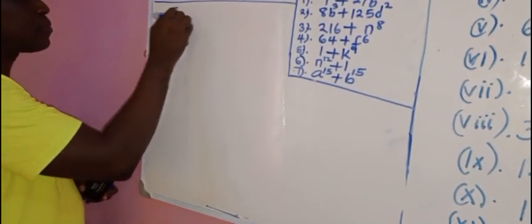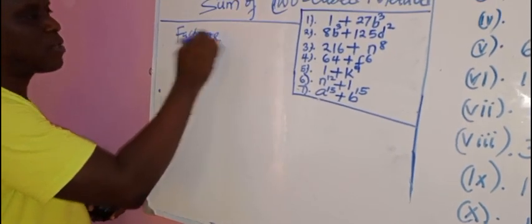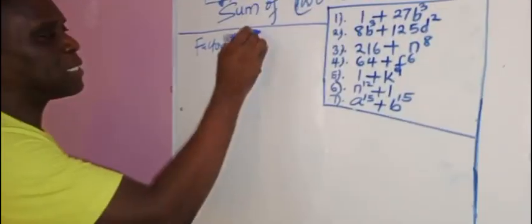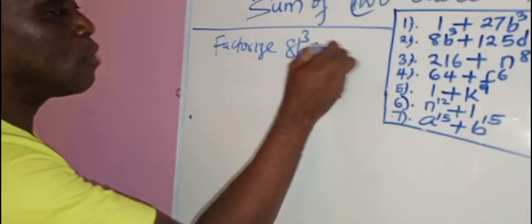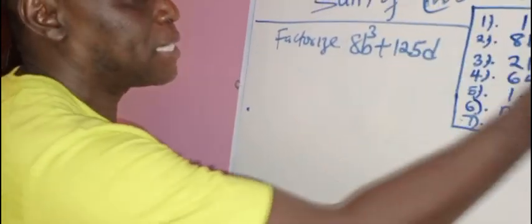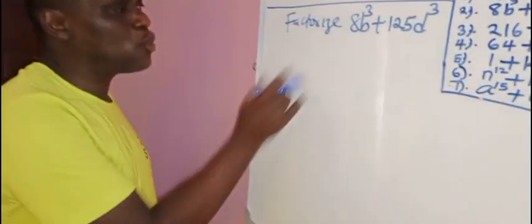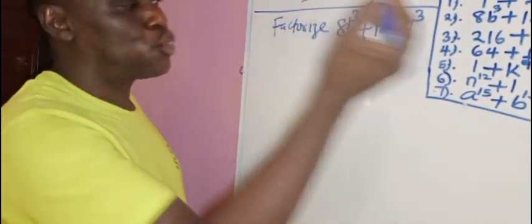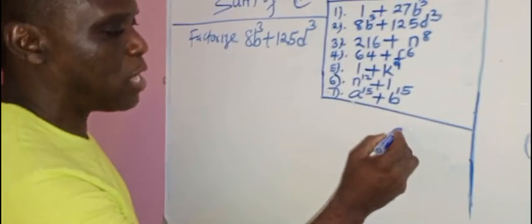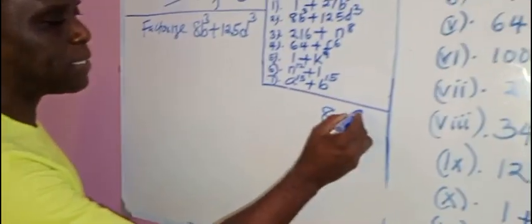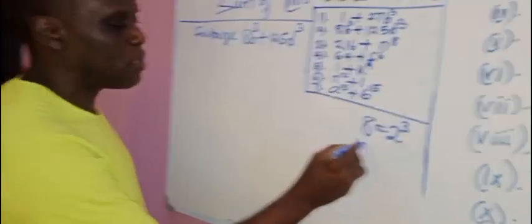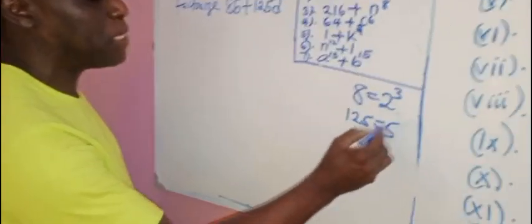Factorize this. Factorize 8b raised to the power 3 plus 125d raised to the power 3. Sorry, let me correct it. Now, if you look at this, once you see 8, you remember 2. That 8 is 2 in 3 places, 2 raised to the power 3. When you see 125, that is 5 in 3 places.